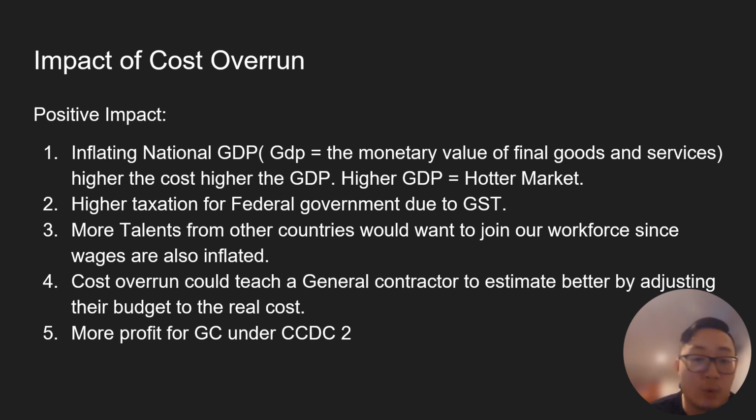Also, there's going to be more taxation income for the federal government because of GST. Since GST is called a goods and services tax, they tax every good and service provided in the country. More cost, meaning more money for the government to spend on infrastructure projects, bridges, and railway.